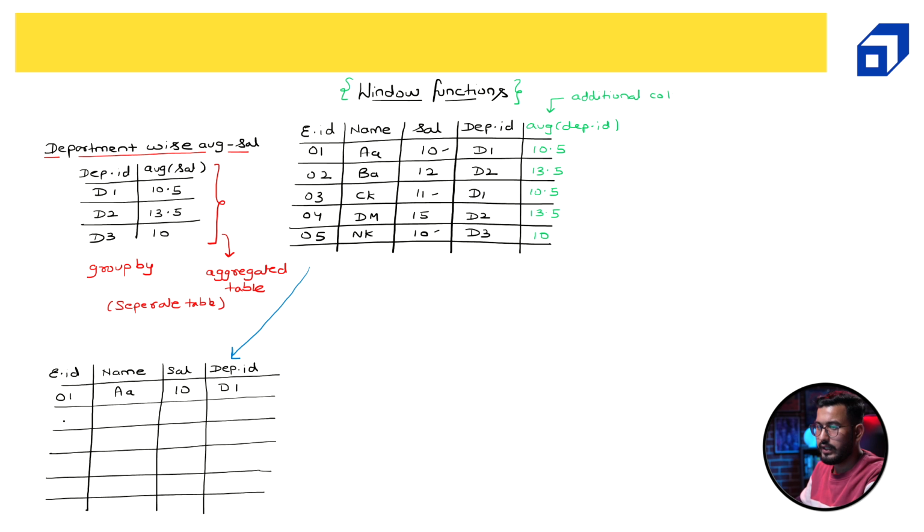So 01 AA, 10 D1, 03 CK, 11 D1, then 02 BA, 12 D2, then 04 DM, 15 D2, and finally 05 NK, 10 D3. So here, if you closely observe what I have done, I have created some windows or partitions.